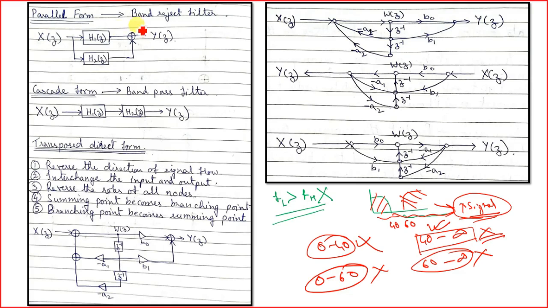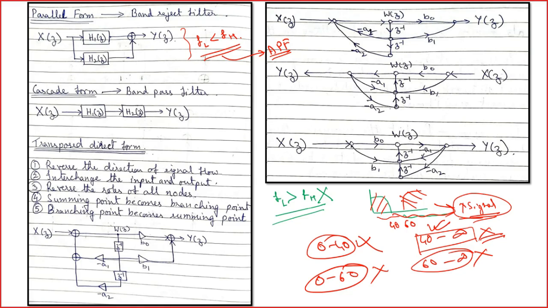And in the previous case, we have seen in the parallel, if you do not follow the rule, that means in the first case our rule was FL should be lesser than FH. If you do not follow the rule, we get all pass filter, right?